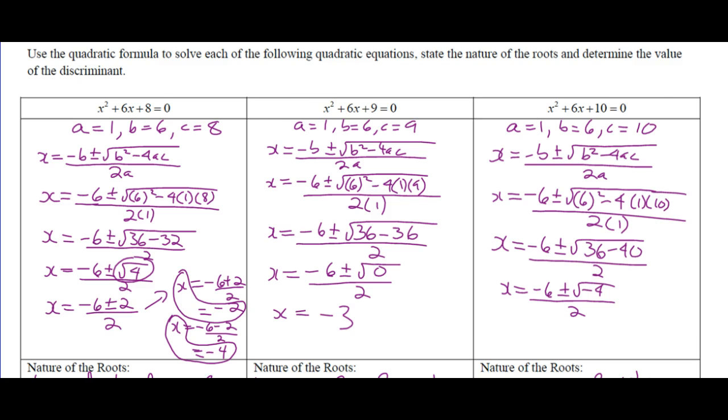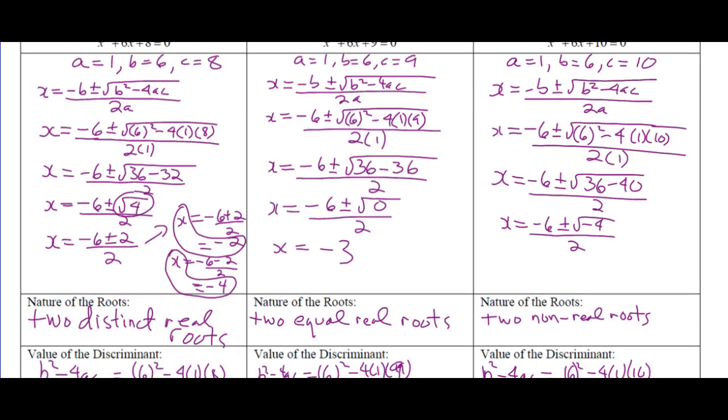Okay, so let's back up and take a look. Why is this so? When it's positive, it has a square root. It will be added to negative b, giving you one number, and then divided by 2a. And it will be subtracted from negative b, giving you a different number. You can't add and subtract the same thing and get the same number. So you've got two distinct real roots. When it's 0, it's basically gone, and you're just left with negative b over 2a, which gives you two equal real roots. This doesn't do anything.